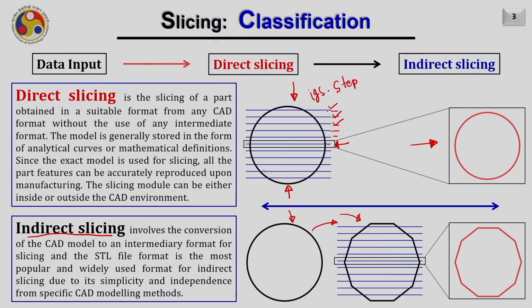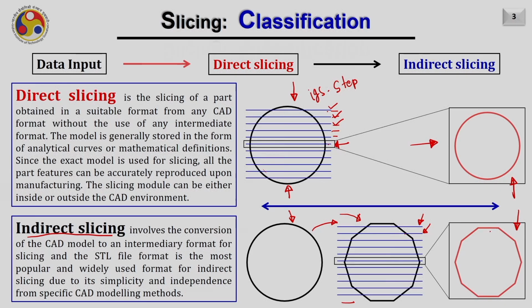Now, of course, we can do the slicing of the same object like we did in the earlier case. These are the slicing planes, and the intersection between the slicing plane and the object will be taken. As it is not a very accurate representation of the object, the sliced contours may also not really be the circle which we get in the real case.